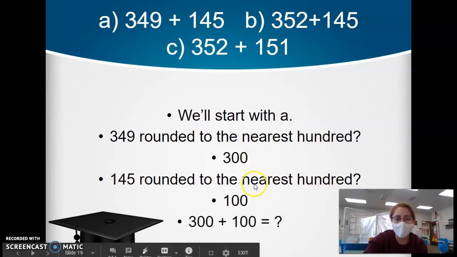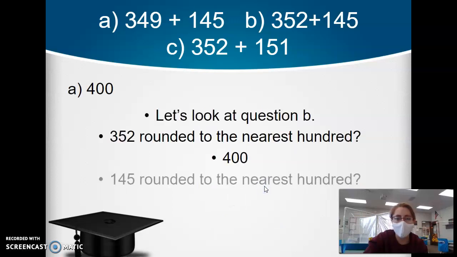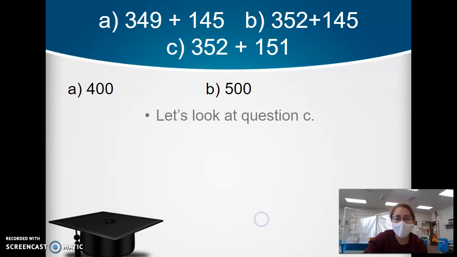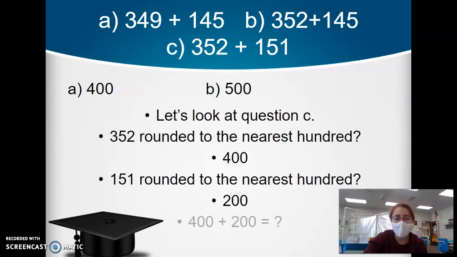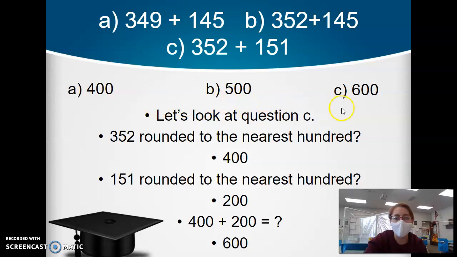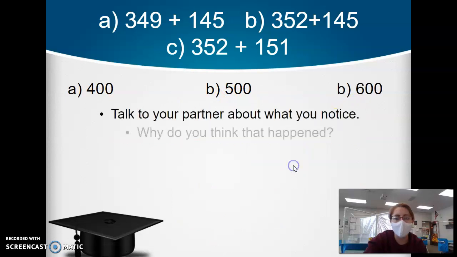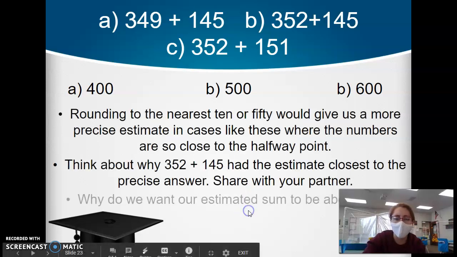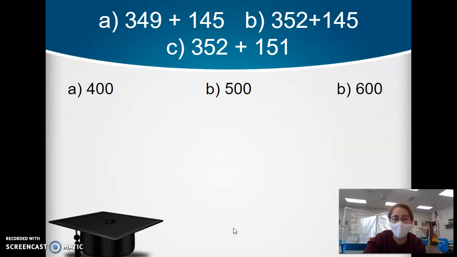You're going to round those to the nearest 100 to solve. Look at question B, round to the nearest 100 for each of those. Find if your answers were closer to those rounded numbers or if they were closer to something else. A would be closer to 400, B 500, C 600, right? Decide if your rounding was correct or if it was incorrect, or if your answers were close to what they were rounded to or if not. Okay?